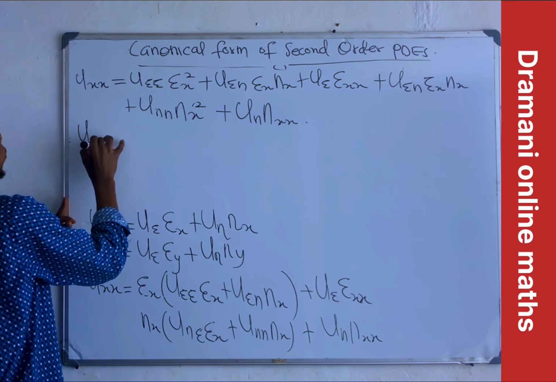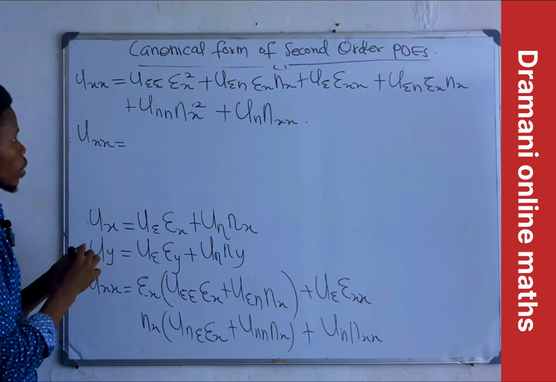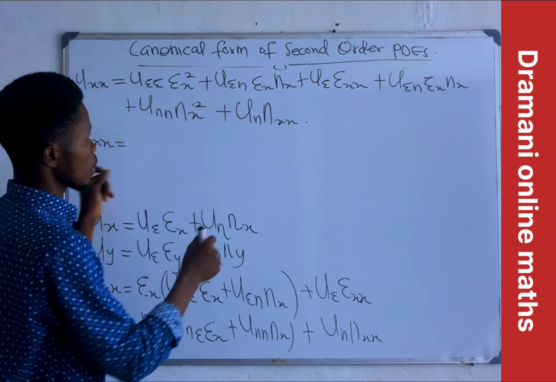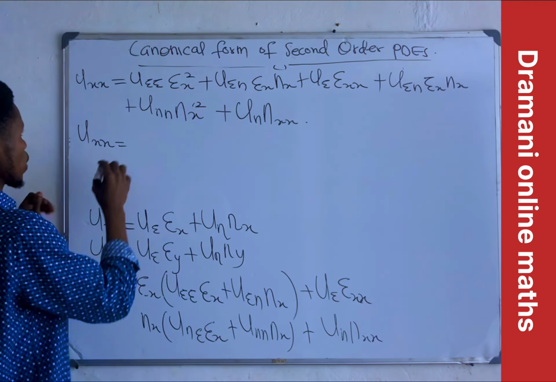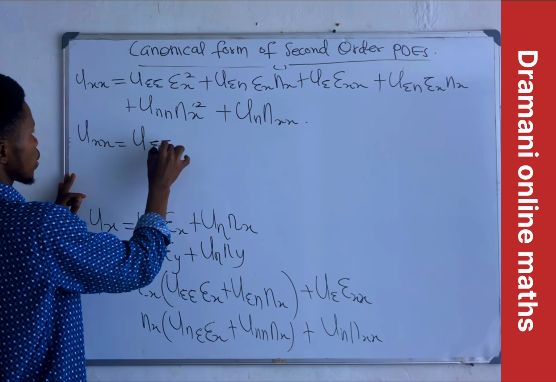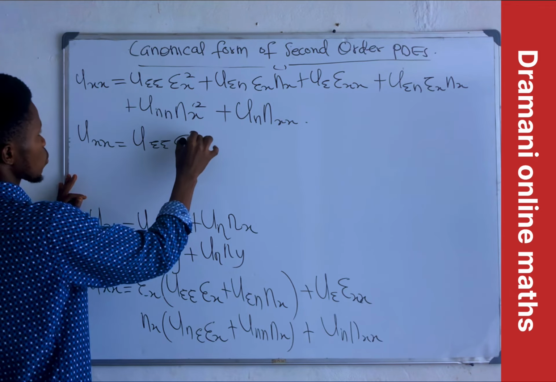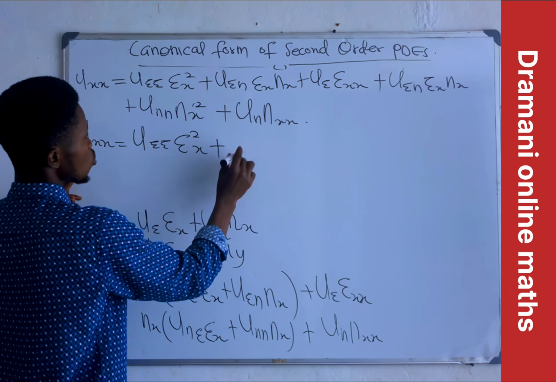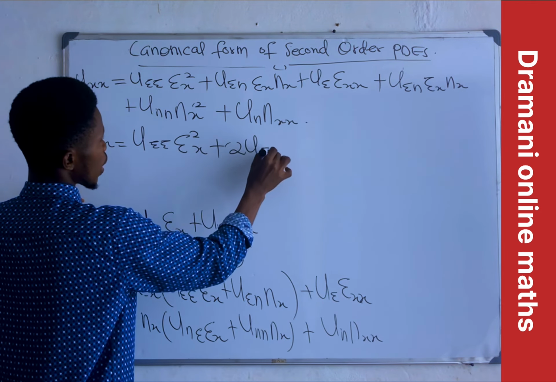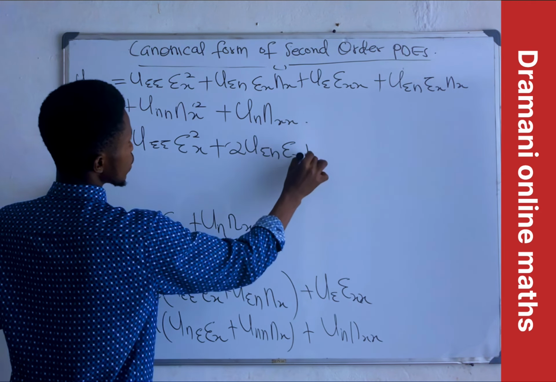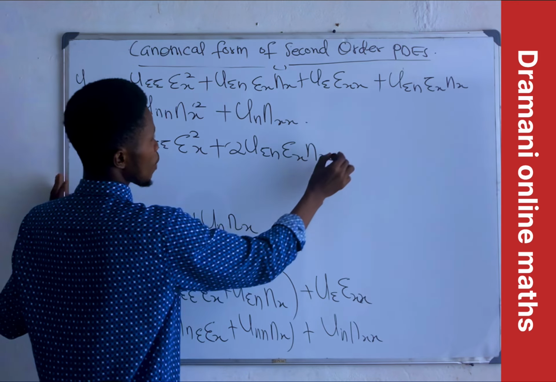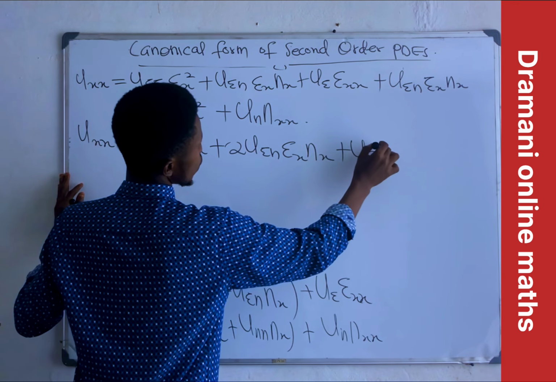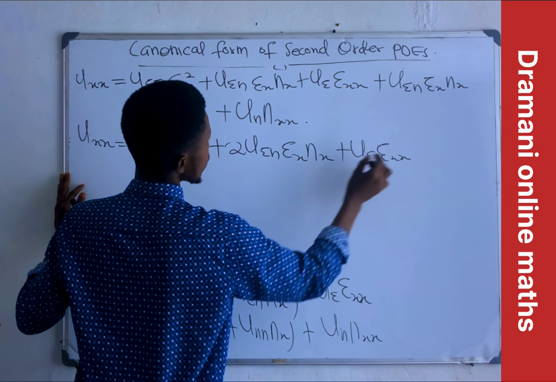So now we have u x x equals, you see, this one and that are the same. So we can have u xi xi x squared plus 2 u xi eta xi x eta x plus u xi x x.